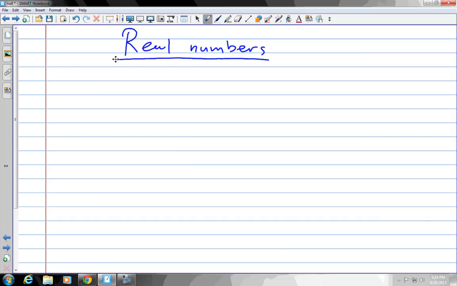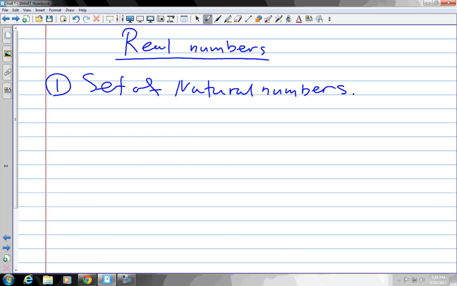And the first set that we talk about is the set of natural numbers. Okay? So the natural numbers are what we use to count. We say these are the counting numbers, or positive whole numbers.